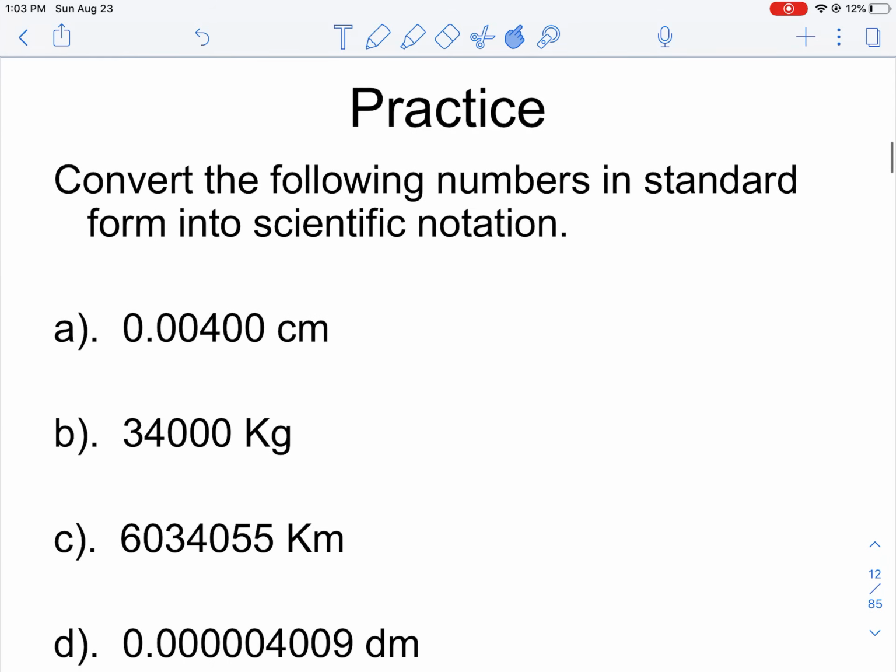Okay, moving on. This is your practice. I'm just going to simply fill in the answers because I'm assuming that all of you, this is pretty simple. If it's not, that's okay too. I will work with you in our office hours. Okay, so I'm just going to simply write down the answers. And at this point, don't worry about these zeros right here because we will be talking about that when we talk about our sig figs, okay?